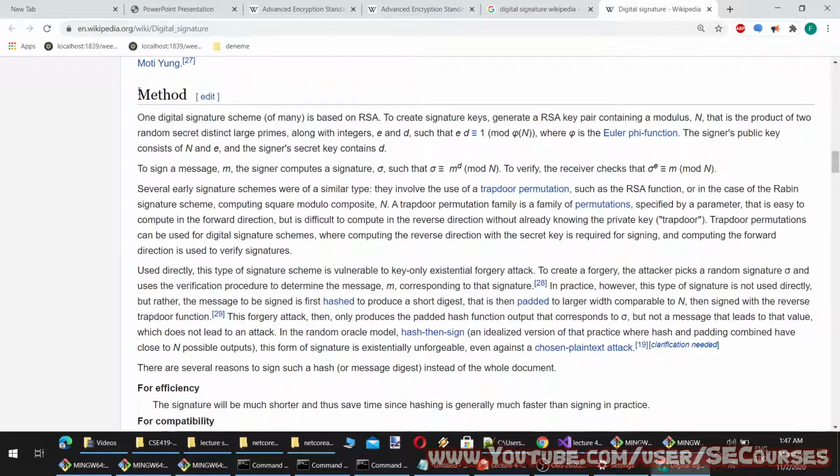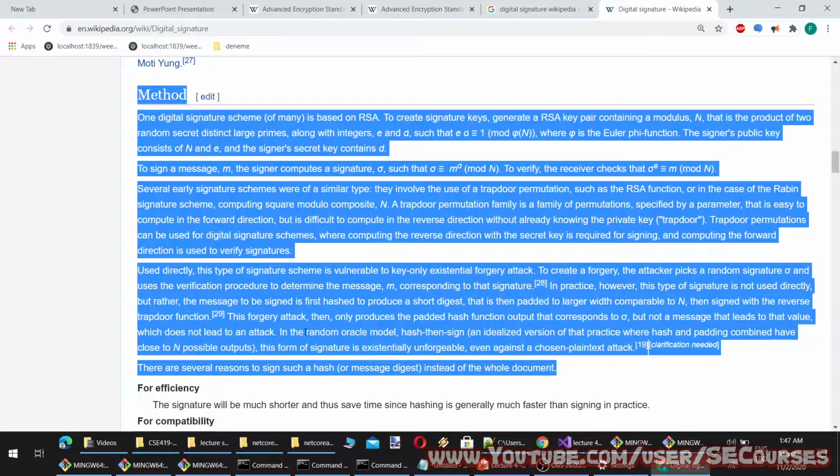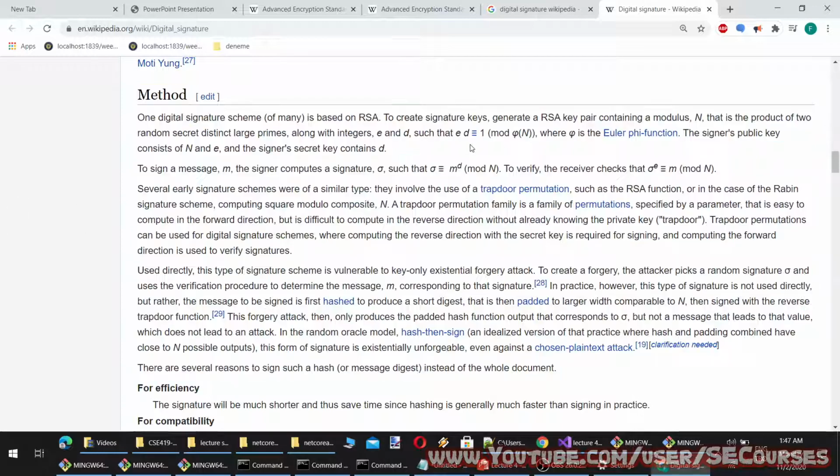There is the method. Let's also read the method. One digital signature scheme of many is based on RSA. To create signature keys, generate an RSA key pair containing a modulus, n, that is the product of two random secret distinct large primes, along with integers, e and d, such that ed ≡ 1 mod φ(n), where φ is the Euler phi function.